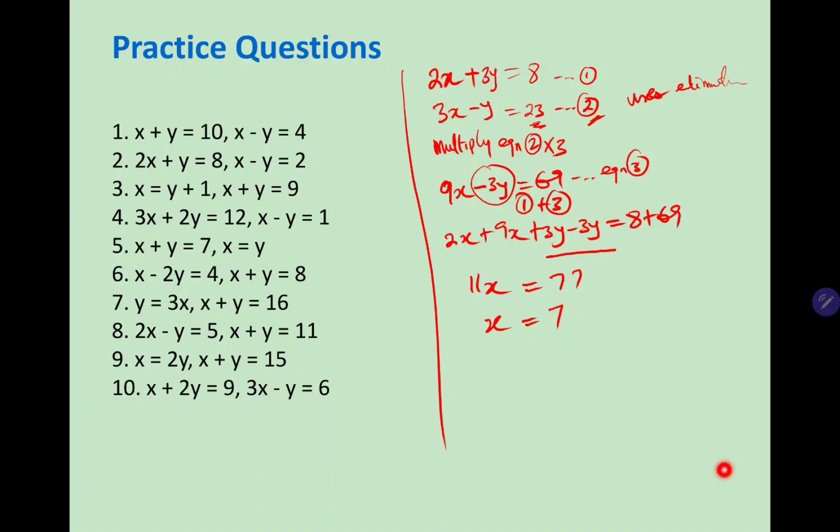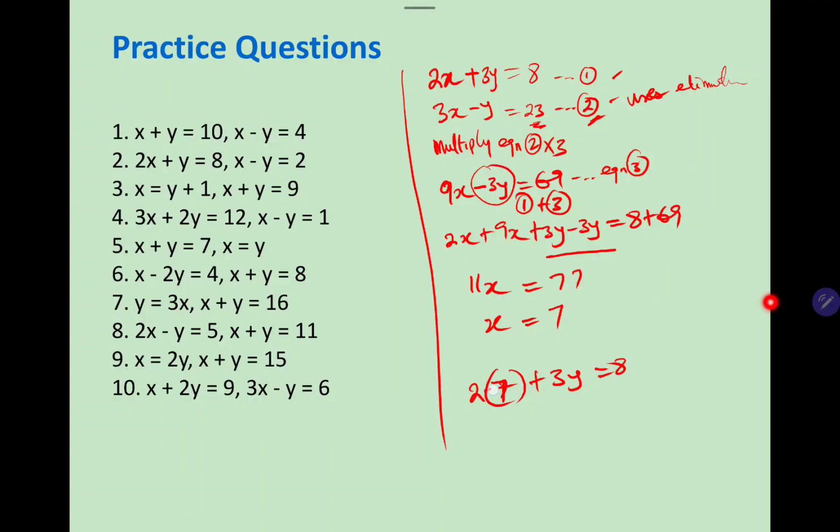All right. Now that we have x is equals to 7, we can substitute this value for x in either equation 1 or in equation 2. So let us pick equation 1. 2 into 7, 2 times 7 plus 3y is equals to 8.